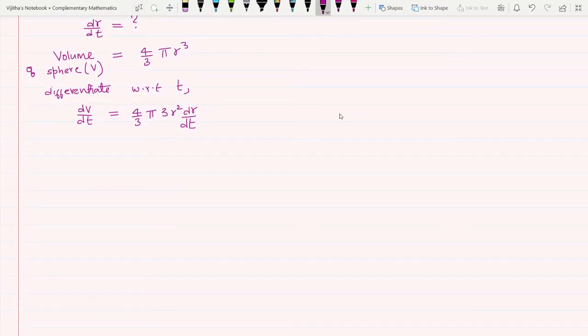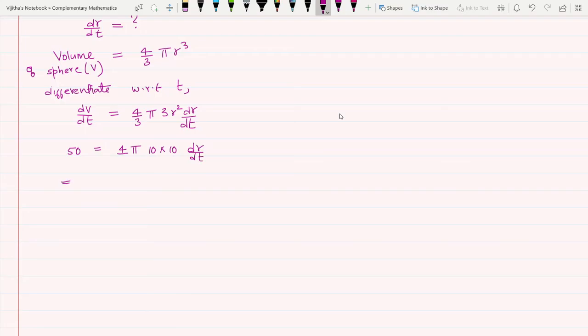Now from here we will substitute the value of dV by dt, in the problem it is given to be 50. In 4 by 3 pi, the 3 will get cancelled, so we have 4 pi r square. R is given to be 10, so it is 10 into 10 dr by dt.